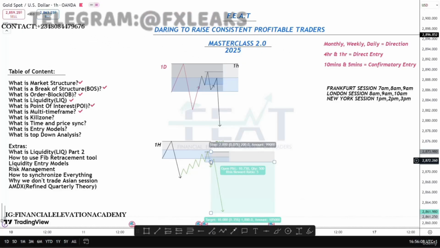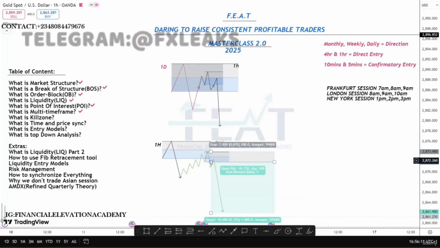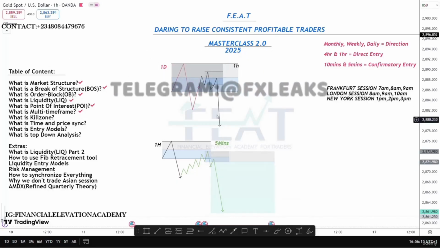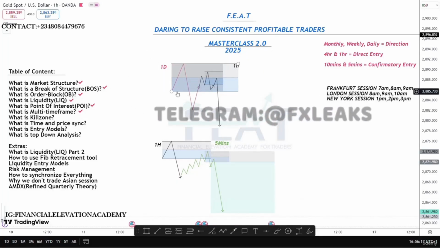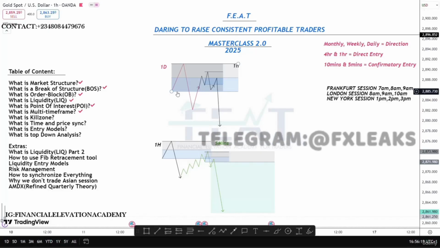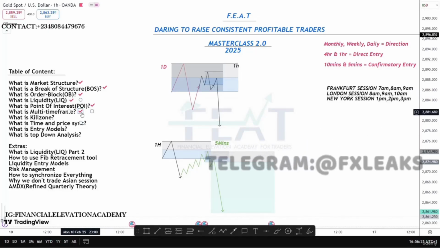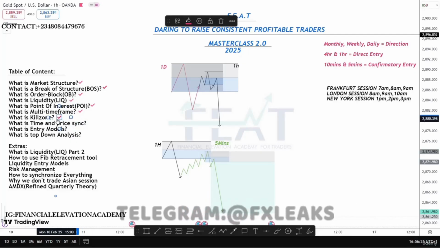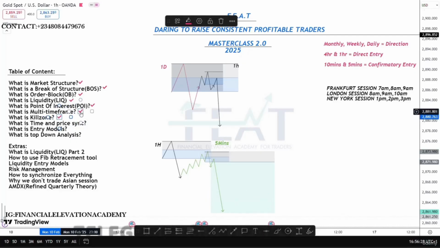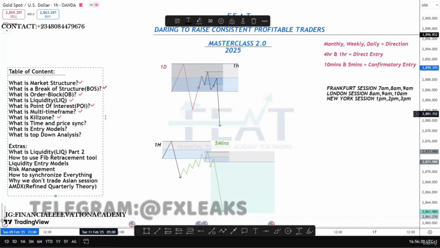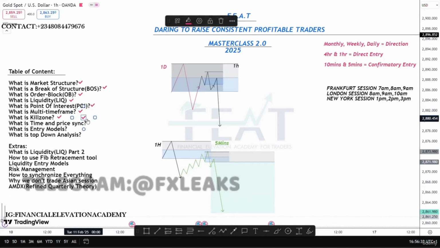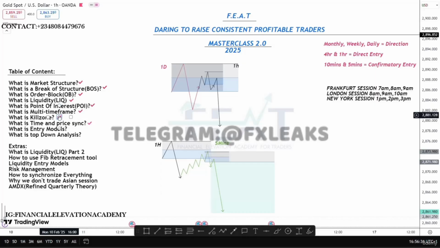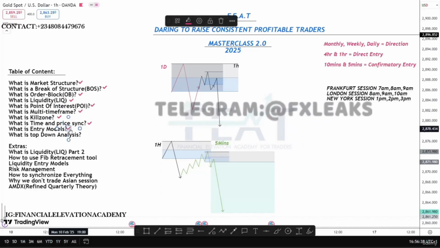On the next video we'll be doing a top-down analysis. Then when we do this, we will go to our chart and do a bit of practical work. So we can say we have successfully covered multi-time frames, Killzone, time and price synchronization, and the entry models.